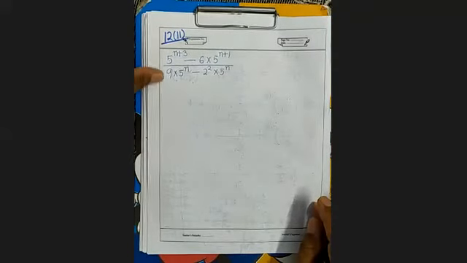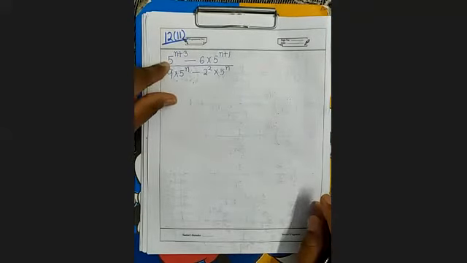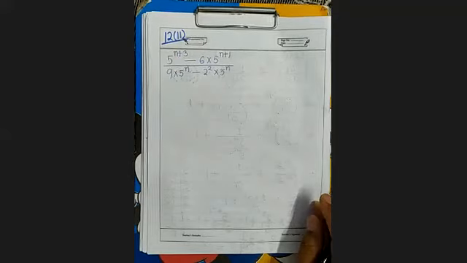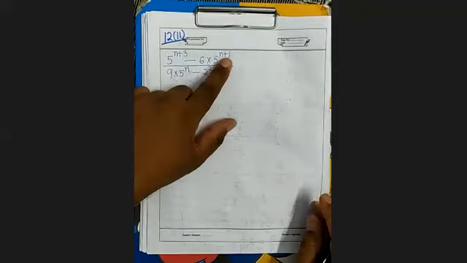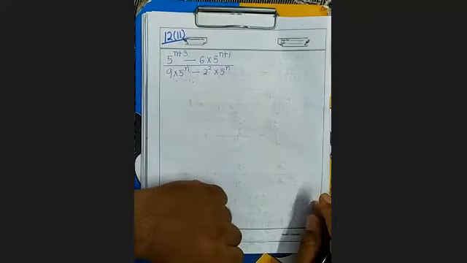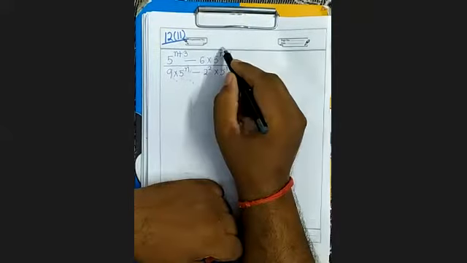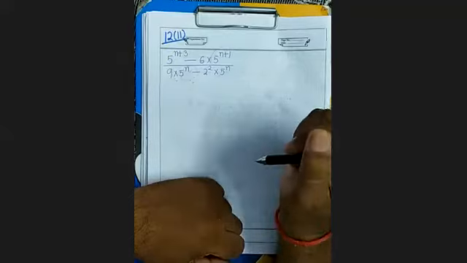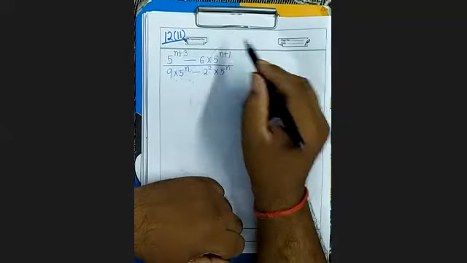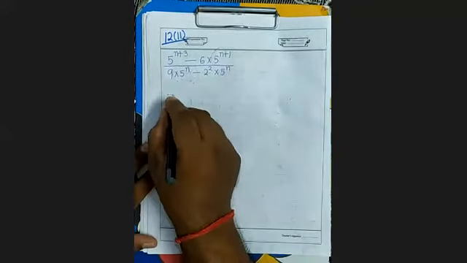Now if you see carefully, this is 5 to the power n plus 3 and here 5 to the power n plus 1. So here power is smaller. You take out 5 to the power n plus 1 common.